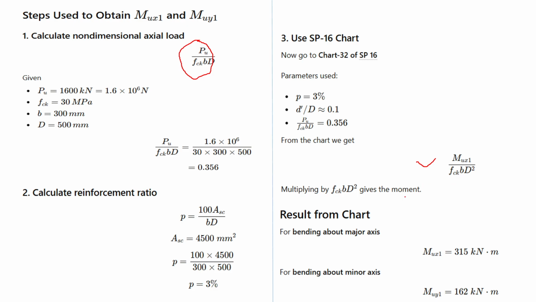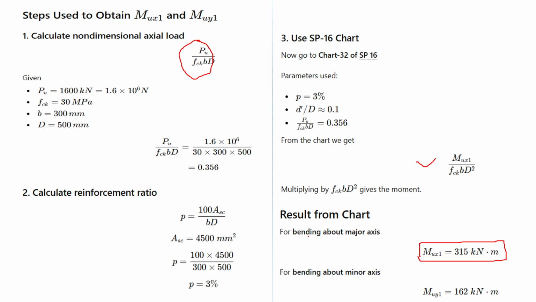Simply multiply by fck bD square and you will get the Mux. I hope it is clear how I get the Mux1.